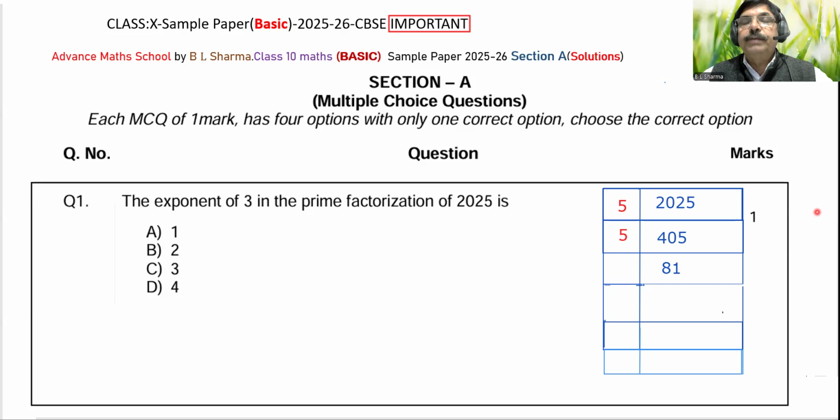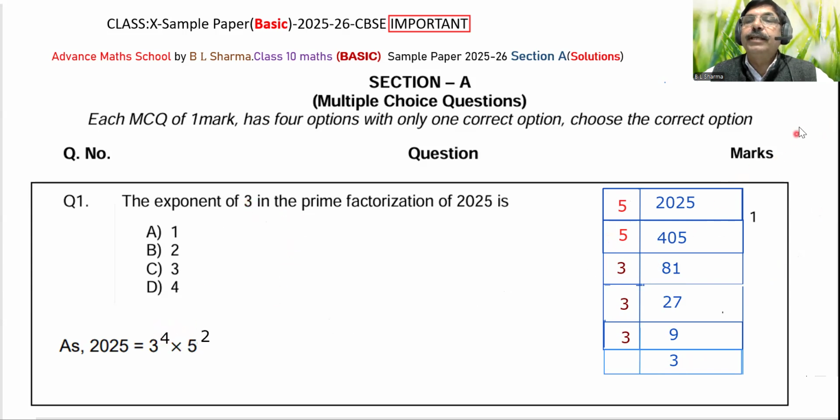Then divide 27 by 3, 3 times 9 is 27, and divide 9 again by 3, 3 times 3 is 9. You will see that the prime factor 5 appears 2 times and the prime factor 3 appears 4 times. So we can say that the prime factorization of 2025 is 3 power 4 multiplied by 5 power 2. Now tell me, what is the exponent of 3?